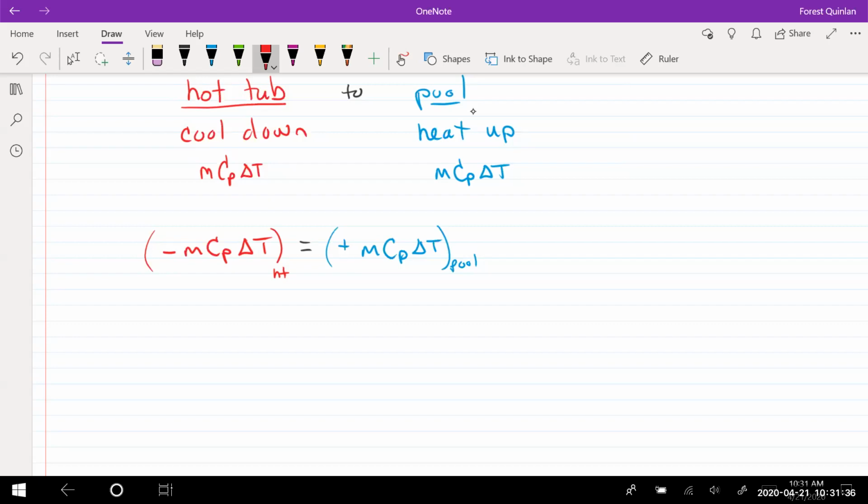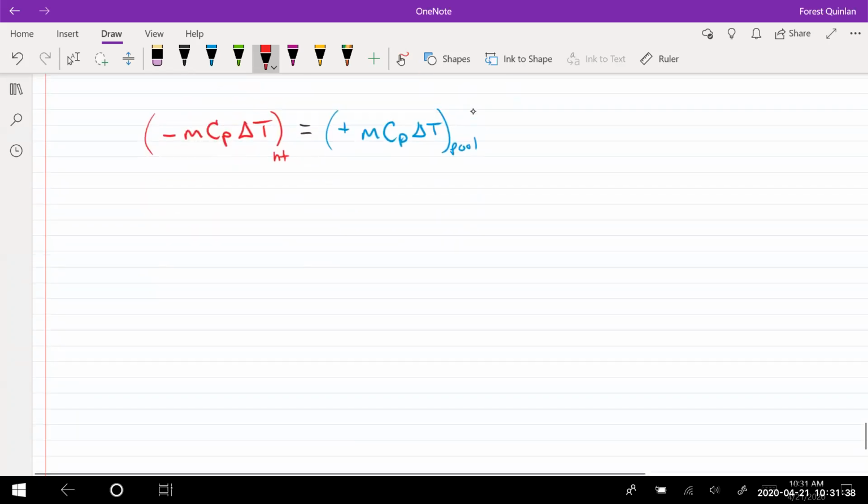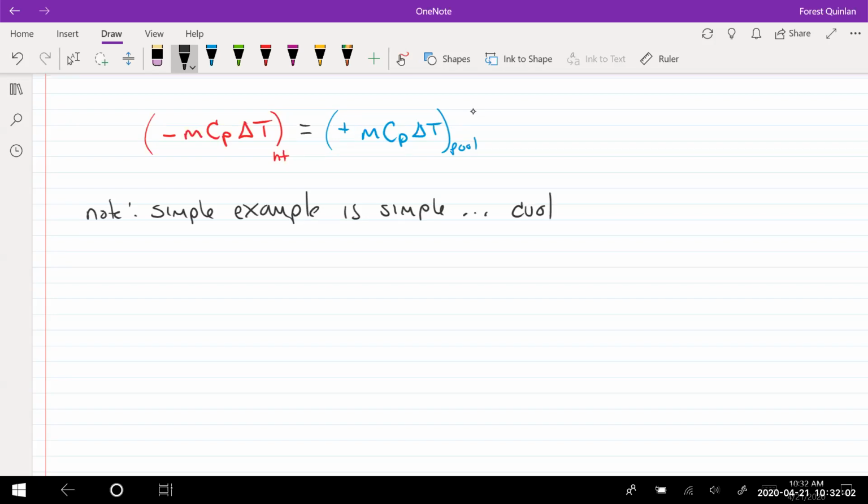Now, again, I said that this is going to be a trivial example because we're going to be able to make some very clever simplifications. So I want to note here, simple example is simple. We get cool simplifications here.